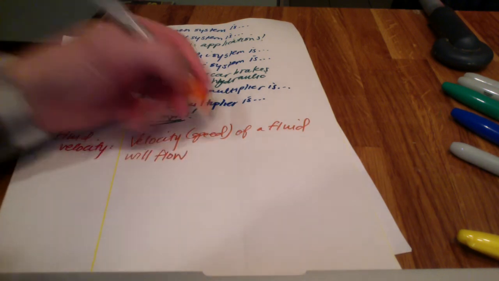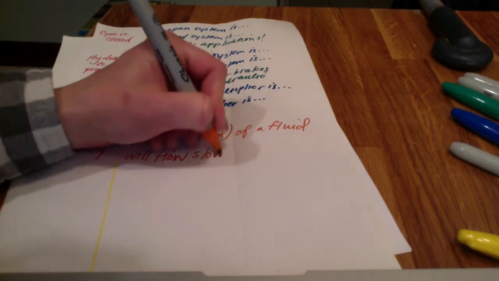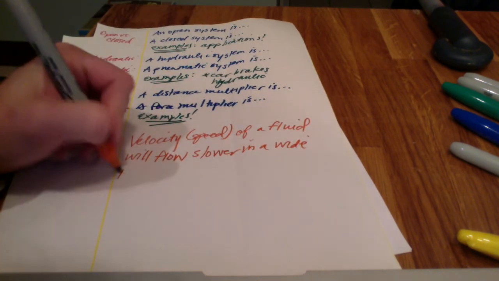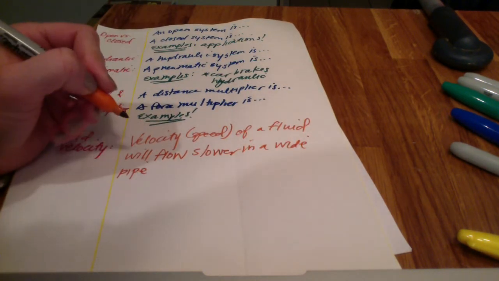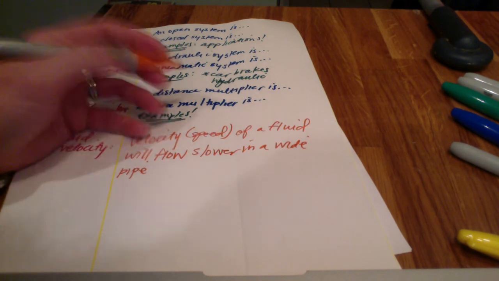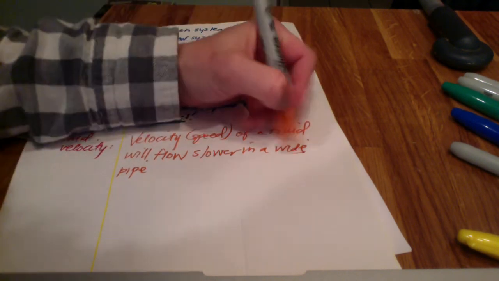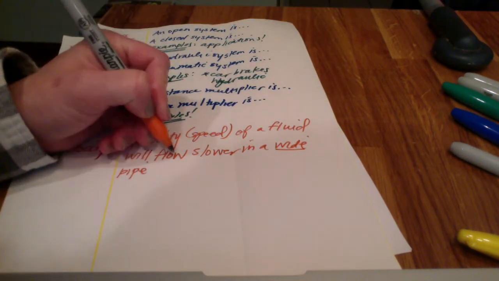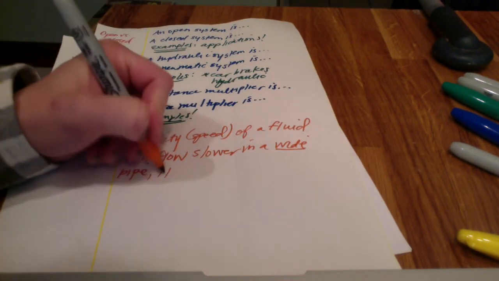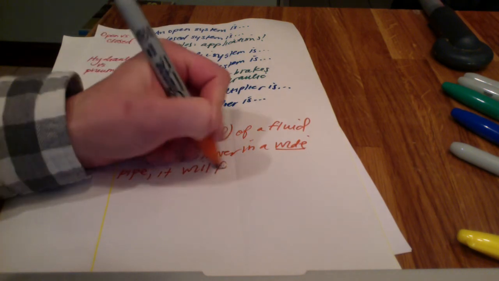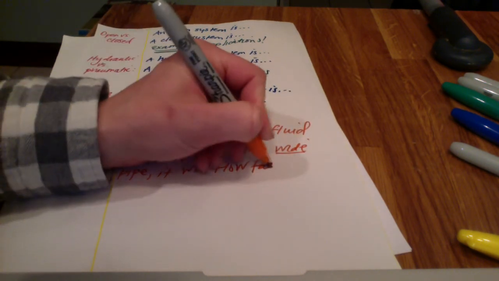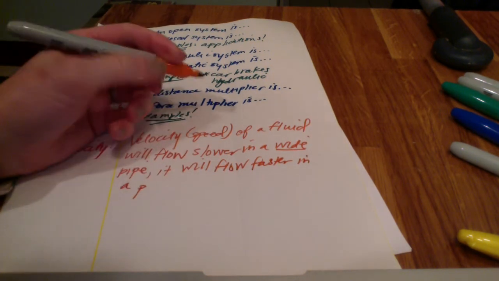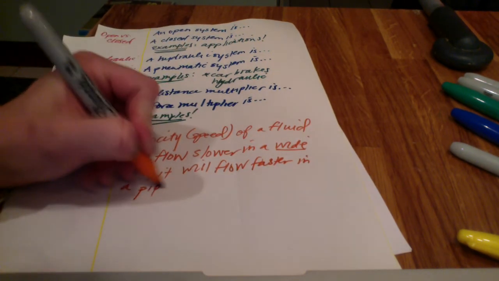I'm sorry, that's wrong. It will flow slower. So when you make the pipe very wide, it will flow slower. It will flow faster in a pipe with a smaller cross-sectional area.